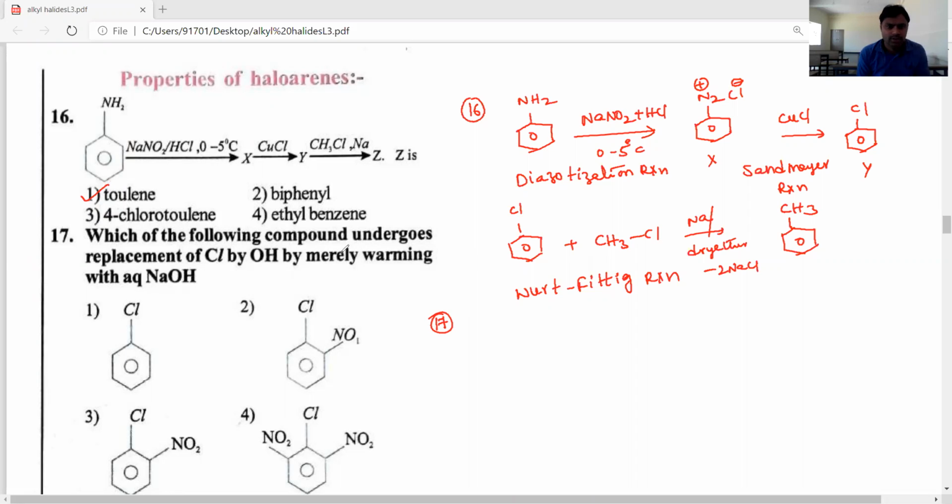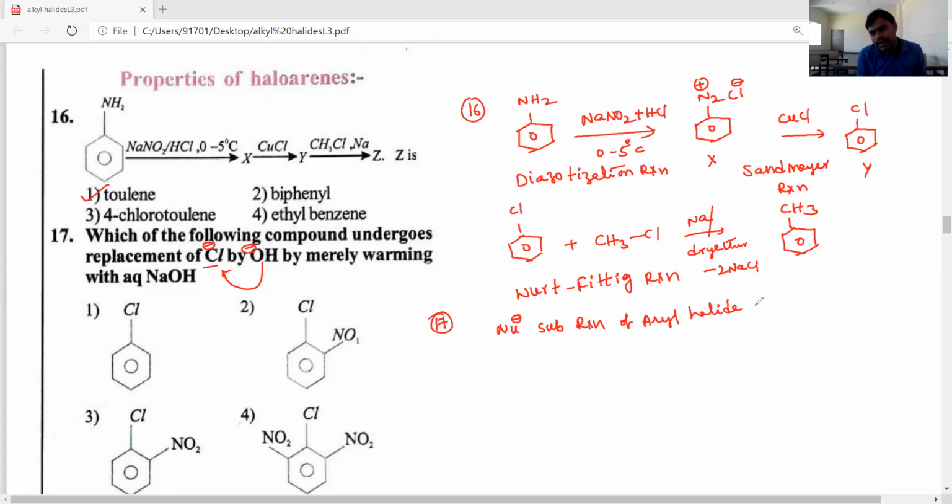Which of the following undergoes replacement of chlorine by OH minus ions merely on warming with sodium hydroxide? Replacement of Cl minus by OH minus ion is nothing but nucleophilic substitution reaction of aryl halides.